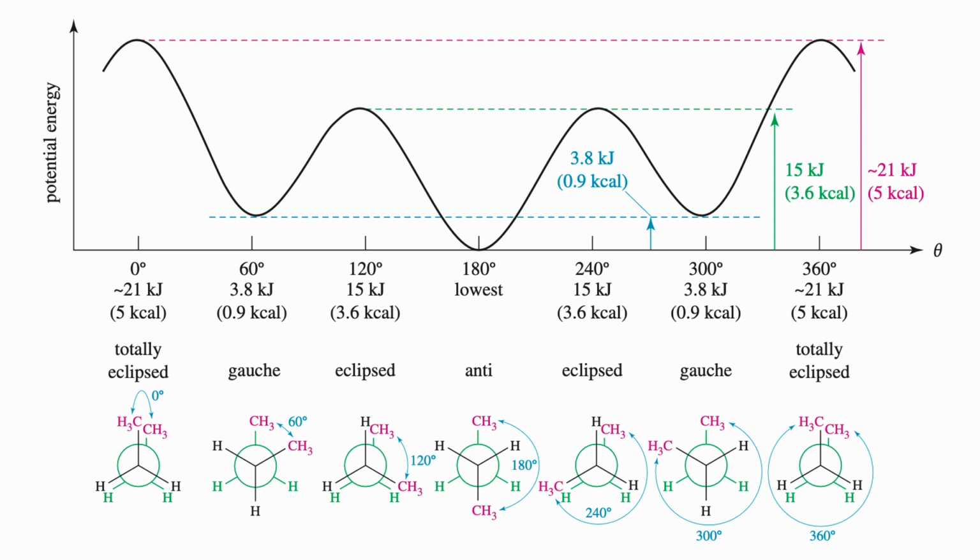And so those gauche interactions being staggered are very stable, but not quite as stable as the anti, because that 60 degree separation between those two methyl groups, as we're going to see in the next couple of slides, does allow the hydrogen atoms to be close enough to each other to interact, which is going to destabilize the molecule somewhat.